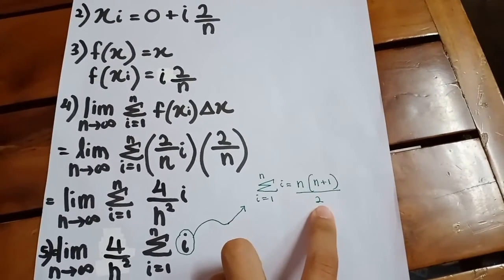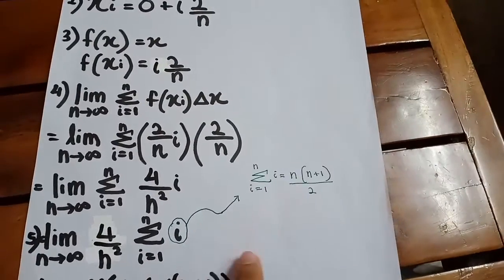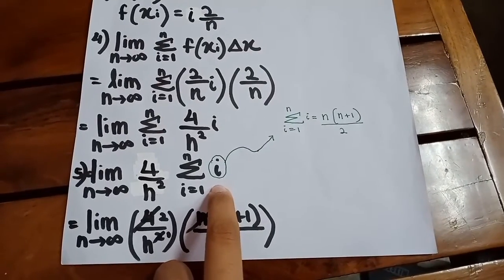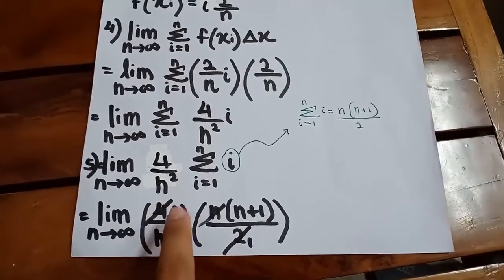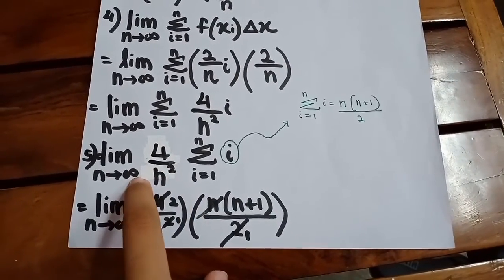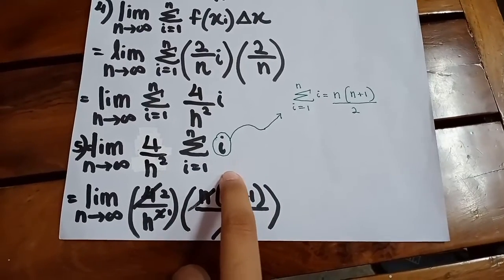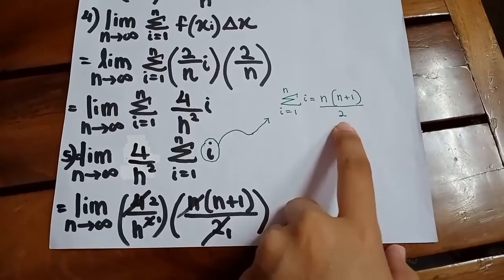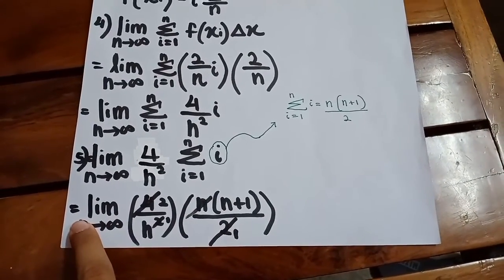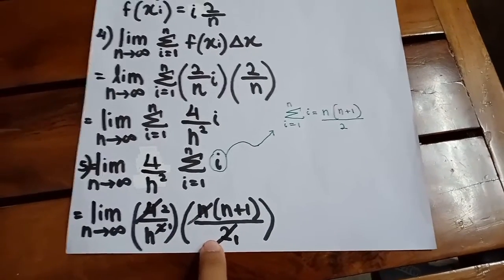From this formula, we need to substitute into i, and before that we need to separate it first, which is 4 over n squared at the front, because the summation only needs i, and i we get from this sum law. And we need to calculate as usual, simplifying the equation.